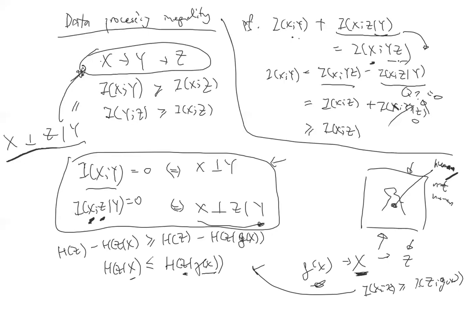Now my question is simply, so X or g(X), which one is better for predicting Z?